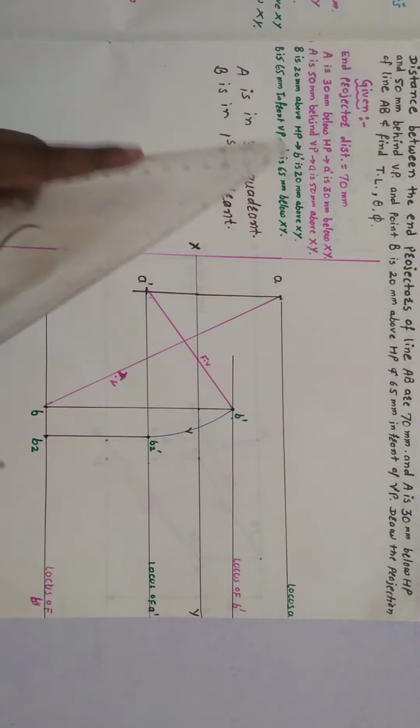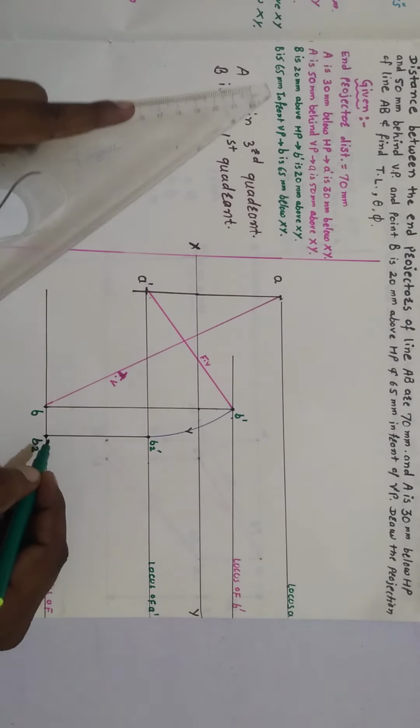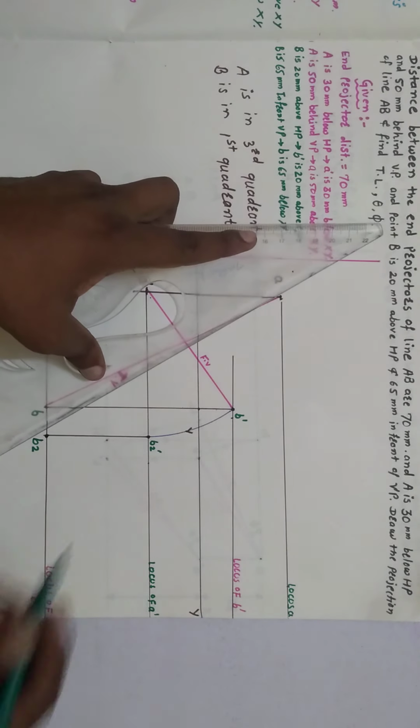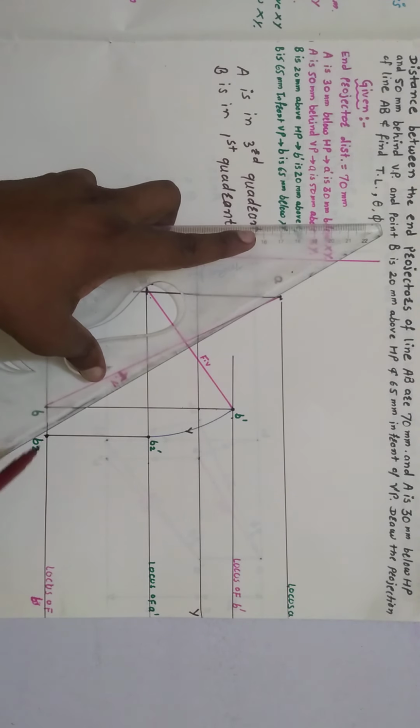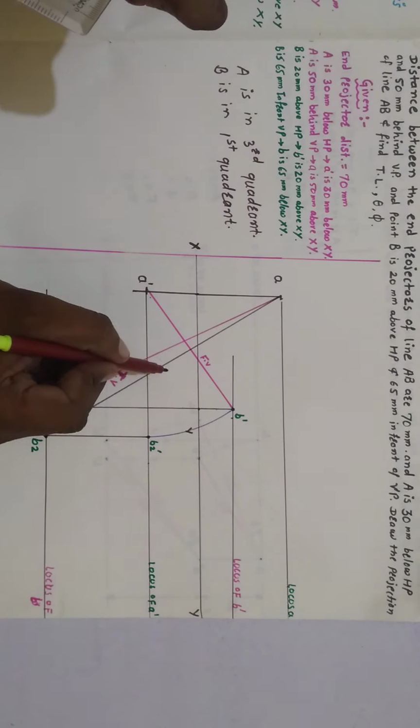Now join this B2 point with A by a straight line, and this is nothing but your true length.